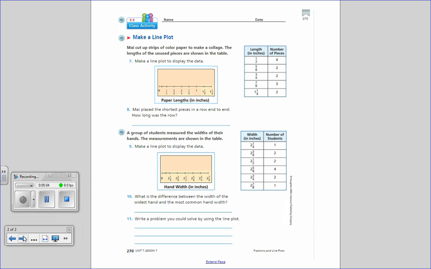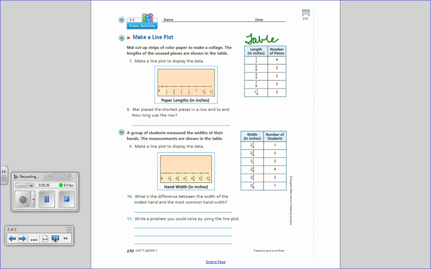Here's another line plot, and I think you're actually going to create this. Mai cut up strips of color paper to make a collage. The lengths of the unused pieces are shown on the table. Where's the table? It's not the one that you're sitting at right now. It's this one right here. So you have to make a line plot to display the data. So there are 4 paper lengths in inches.